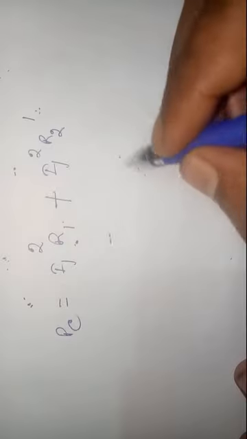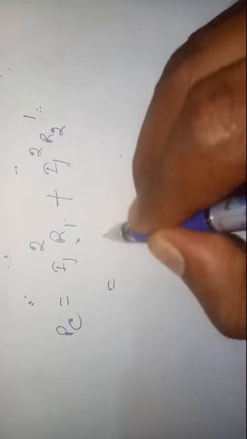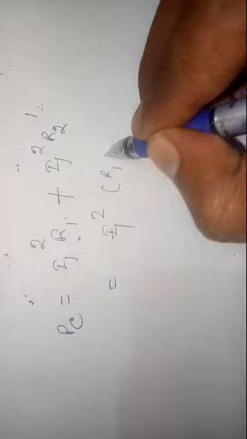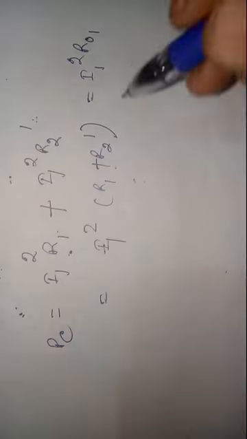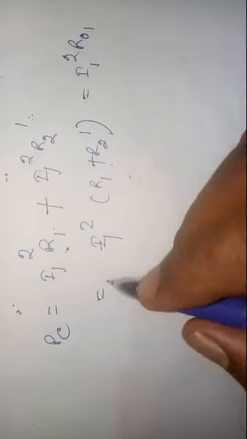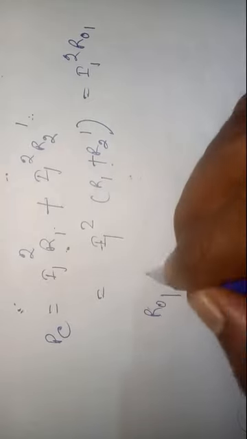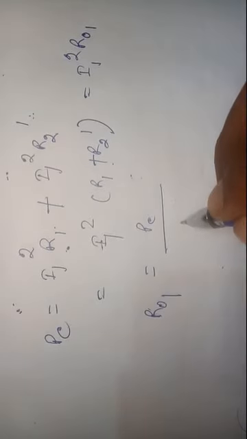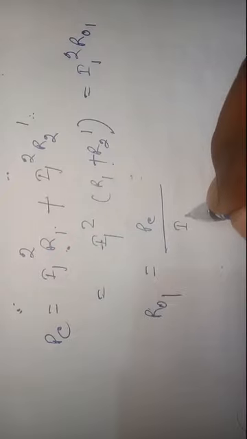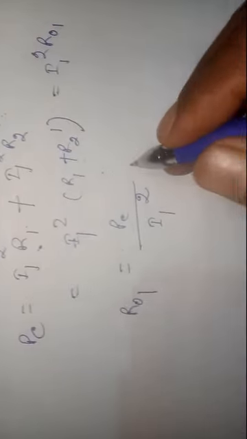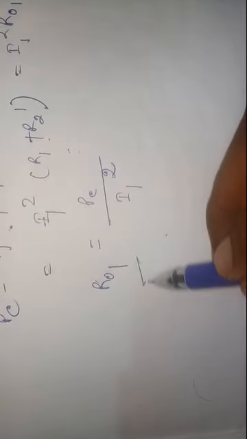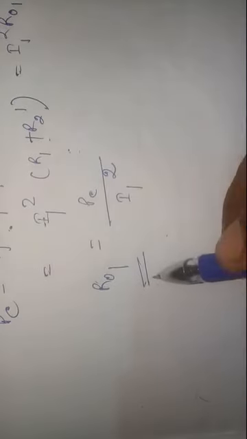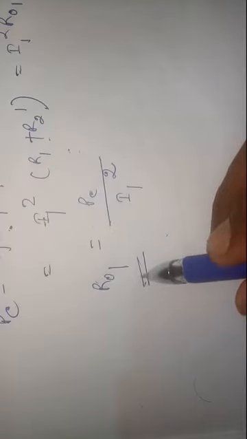So it is equal to I1 square into R1 plus R2 dash. R1 plus R2 dash is equal to R01, as we have already studied in our last class. So R01 under this condition will be PC divided by I1 square. R01 is the total resistance of the transformer referred to the primary.